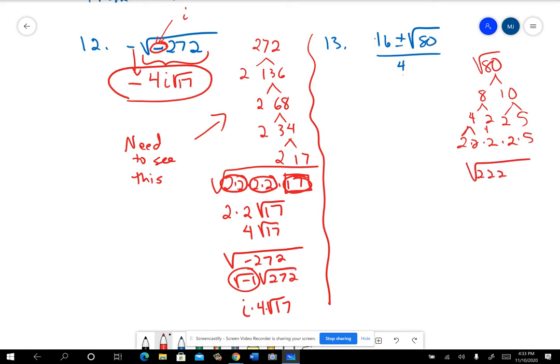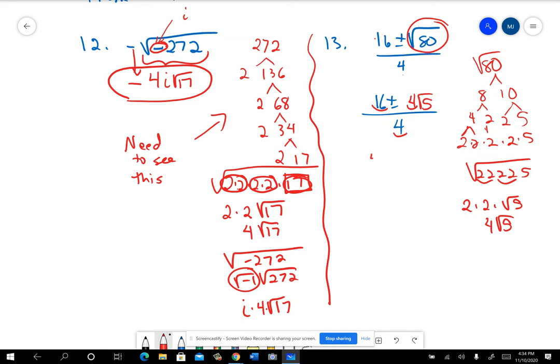We're trying to do square root, pretty much like the other one. There's 2 pairs. So it'll be 2 times 2, 4 square root of 5. That goes right there. And so what we have at this point is 16 plus or minus 4 square root of 5 all divided by 4. All right, now what we got to look for is whether we can simplify further, and we can because these all are divisible by 4.